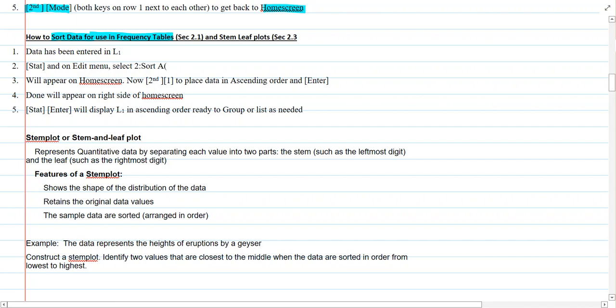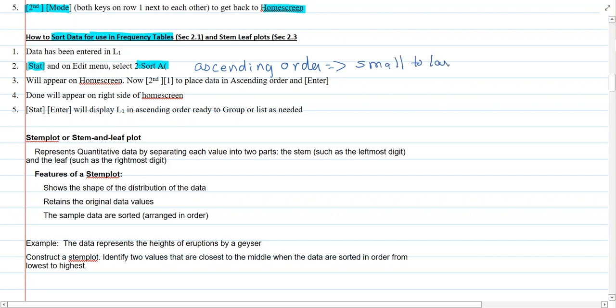We've already entered it in line 1, so we're going to press the stat key, and we're going to do number 2, Sort A, which means ascending order. That means from small to large.